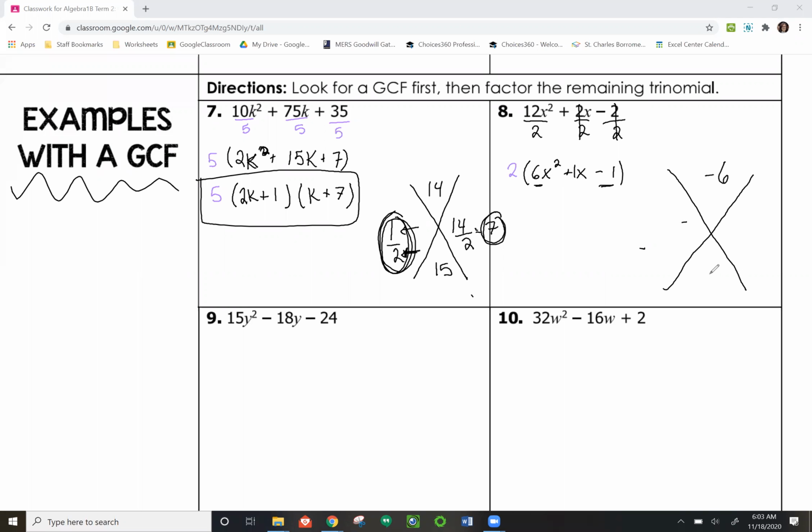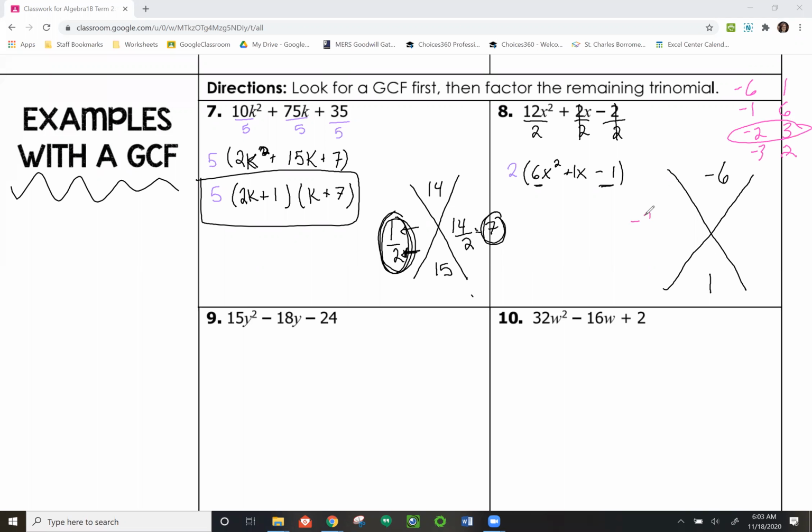So I have a positive 1. I need two numbers that multiply together to give me -6 and add together to give me 1. Let's see, I know I'm going to have one negative and one positive. So -6 and a positive 1, -1 and a positive 6, -2 and a positive 3, -3 and a positive 2. Which ones of these add together to give me 1?